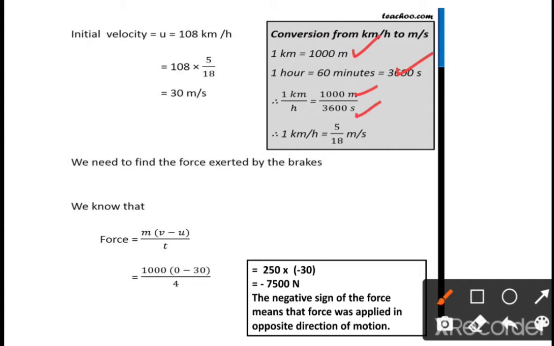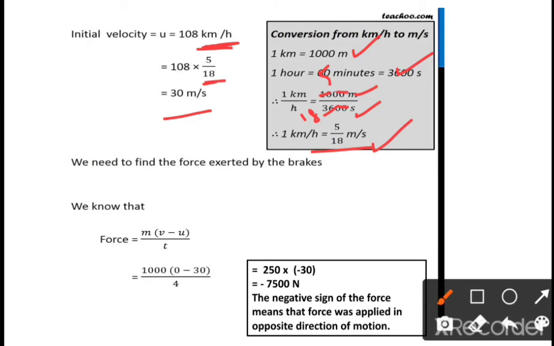If you cancel the 0, 10 by 36, 5 2s are 10 and 18 2s are 36. So 1 kilometer per hour equals 5 by 18 meter per second. So instead of kilometer per hour, you have to use 5 by 18 meter per second. If you cancel this, you get 30 meter per second. So the initial velocity in terms of meter per second is 30 meter per second.